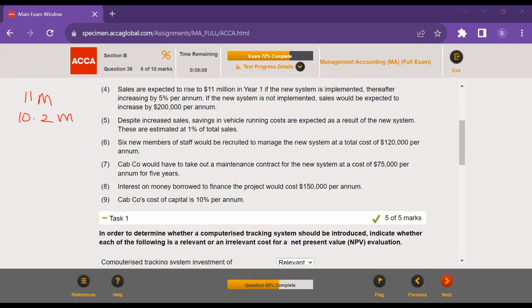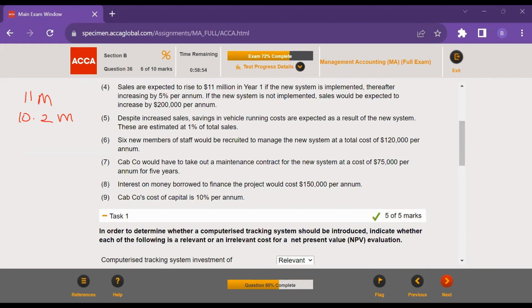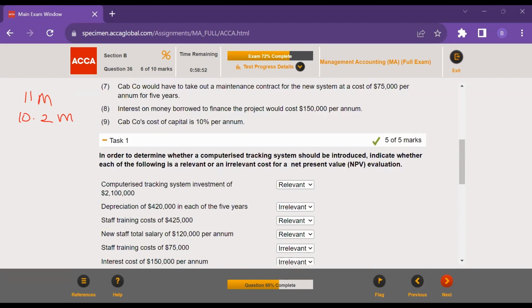So again, if I go to my annuity table, this is for 10% as the cost of capital and this is for 5 years. So 10% for 5 years is 3.791. So I will multiply 75,000 with 3.791.